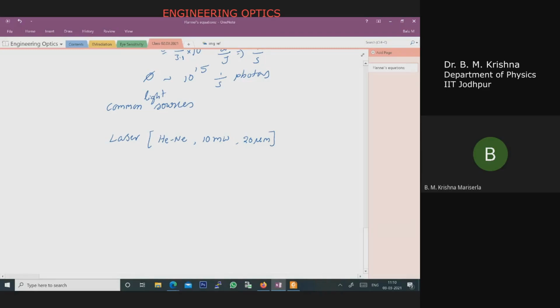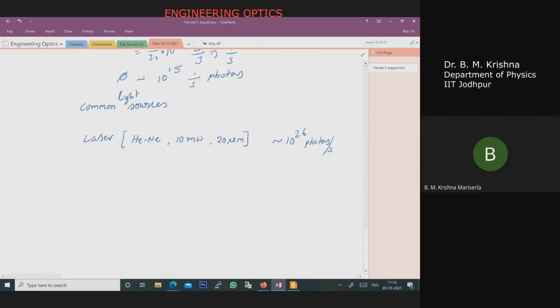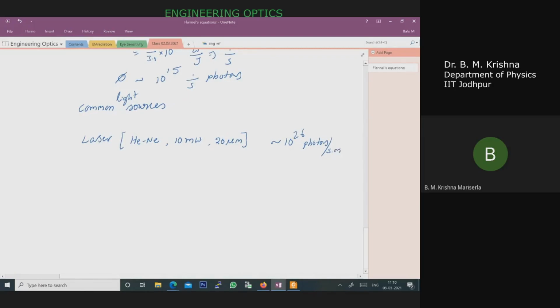So this common laser system will be able to produce 10 power 26 photons per second per meter square area. So these many photons can be produced with this laser.